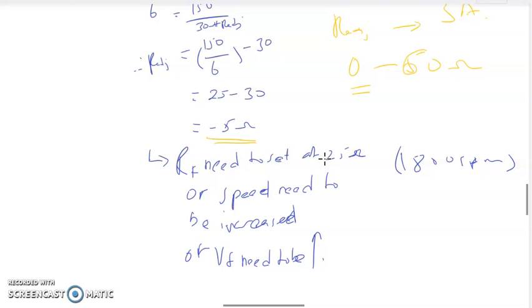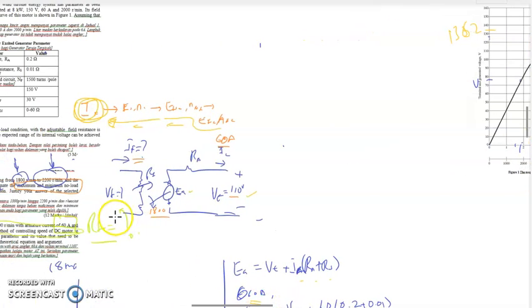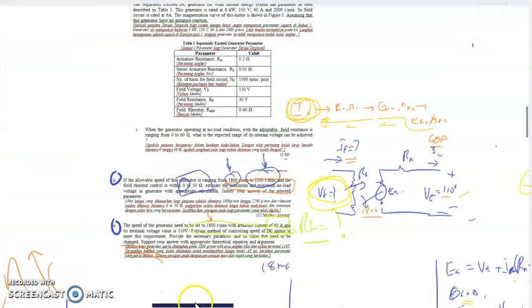Or we need to increase the VF, the voltage at the field terminal here, because our requirement is 6 amp of field current. With 6 amp of field current, we are producing 136.2 volt of EA.